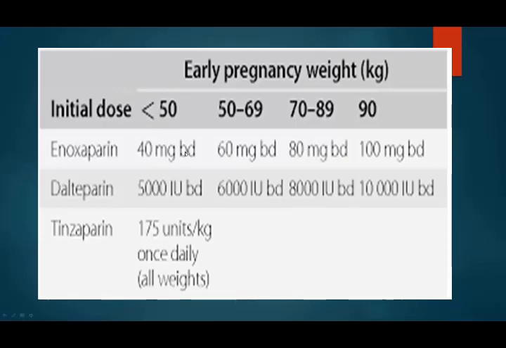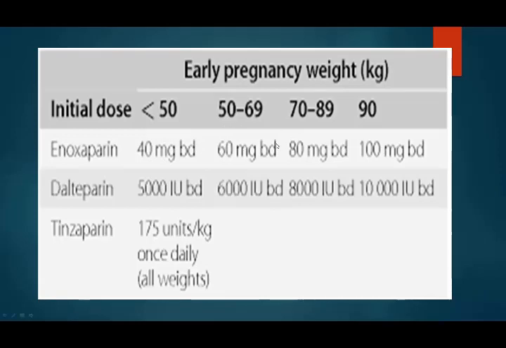In clinical practice, for the less than 50 kg weight, we are using about 40 mg once a day as well. But the higher groups are more cautiously given dosages. In clinical practice where other risk factors are not present, we are giving 40 mg once a day.